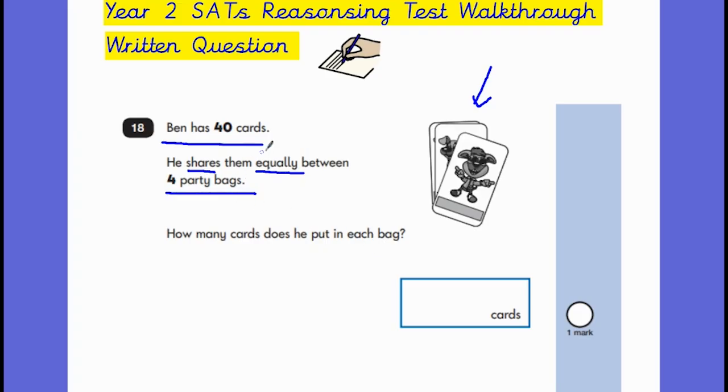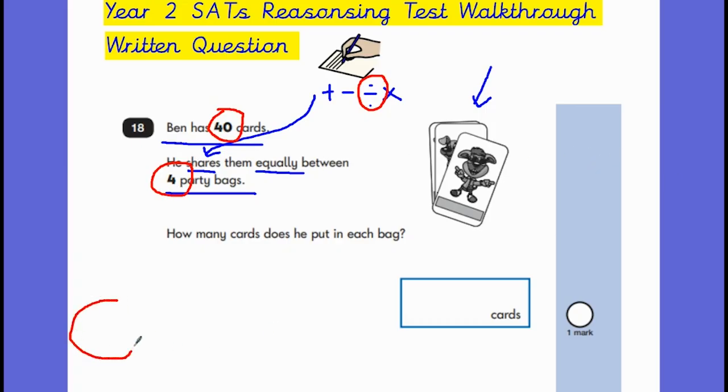Now this question, they're going to have to identify again what operation they're going to need to use. Now the word shares should be jumping out at them, and they should see that this question, because we have that word share, is going to be a division question. And we're sharing 40 between 4 bags or 4 people.